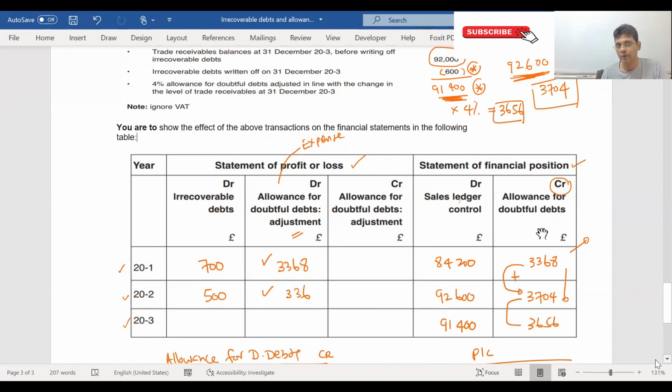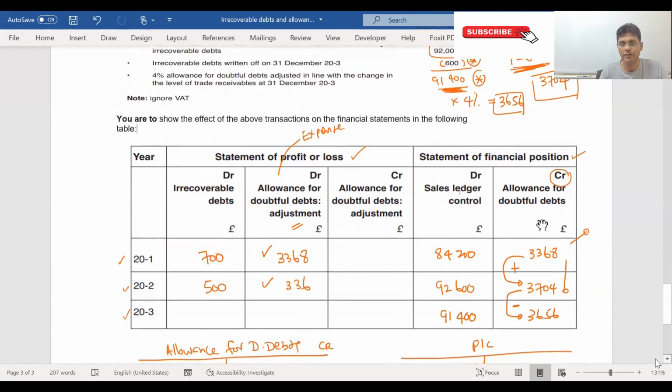However, from 2002 to 2003, the allowance for doubtful debts account reduced to 3656. So that amount reduced by how much? 3704 minus 3656, 48. That 48 has to be adjusted in the profit and loss account.